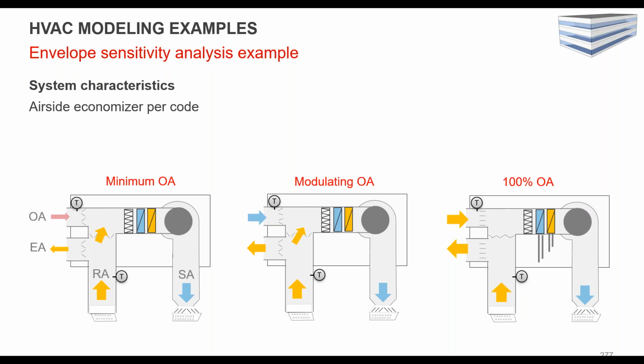But there's minimum OA, that's basically during operation when you don't hit economizer conditions. And then you have a modulating mode, that's when you're in between your prime economizer temperatures for outside, and then once you hit full economizer mode. So making sure you're modeling minimum code requirements as well if you're doing this type of analysis.